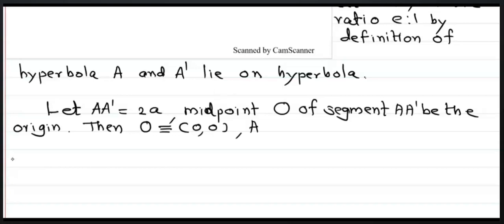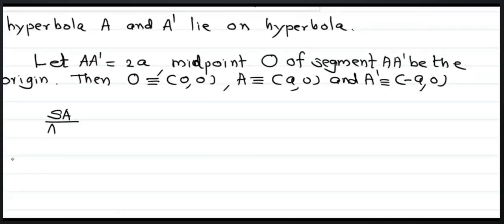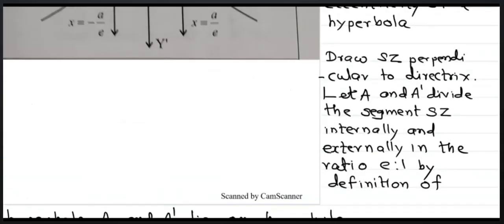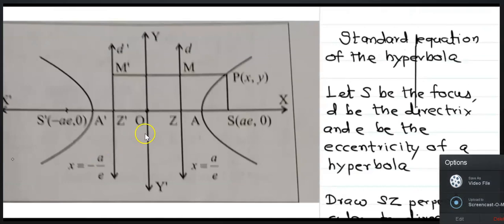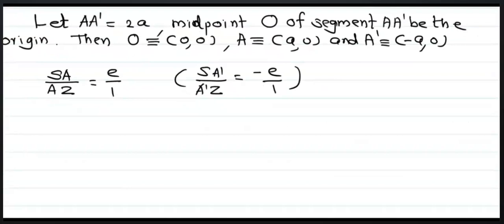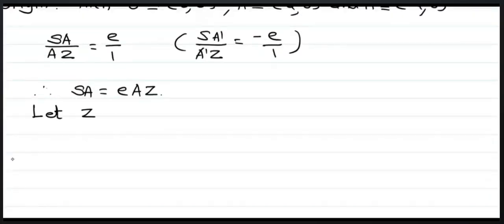Then O is (0, 0), A is (a, 0) and A dash is (-a, 0). Now SA upon AZ equals e:1, and SA dash upon A dash Z equals minus e upon 1.